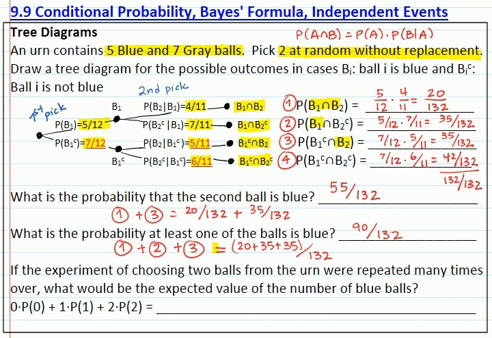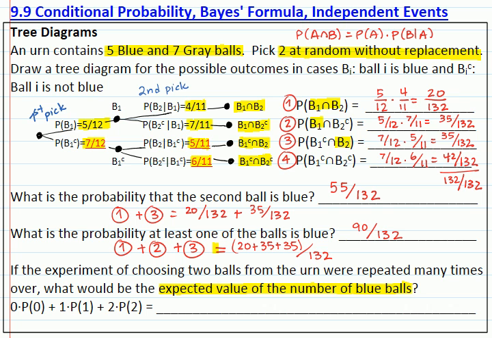If the experiment of choosing 2 balls from the urn were repeated many times over and over, what would be the expected value of the number of blue balls? And the expected value is every outcome times its probability.